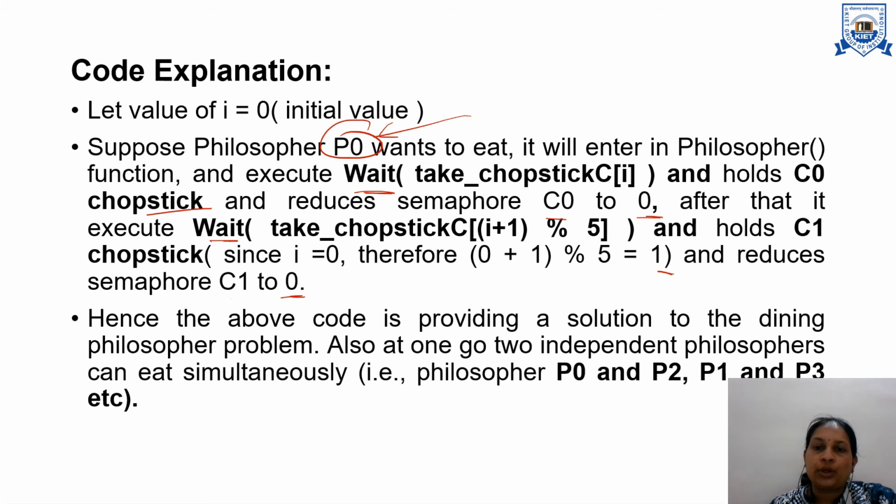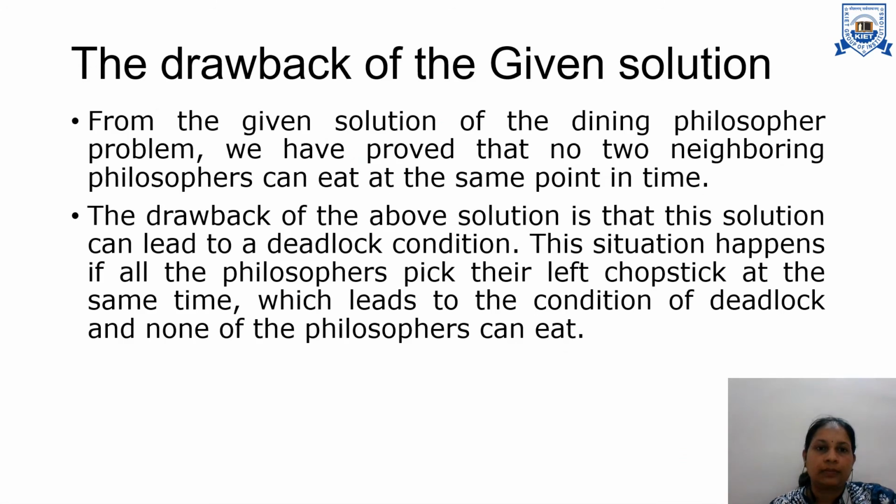That is, philosopher P0 needs C0 and C1 for its eating process, and P2 needs C2 and C3 chopsticks for its eating process, so they both can do their work simultaneously. Similarly, P1 and P3 can eat simultaneously.